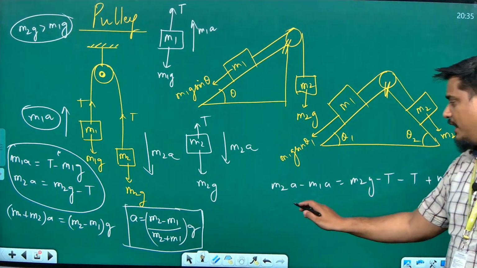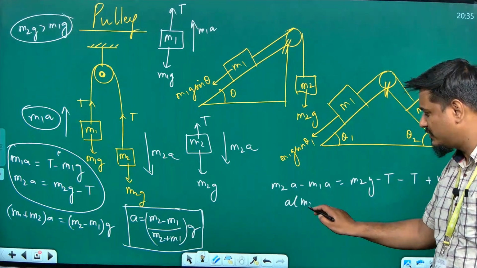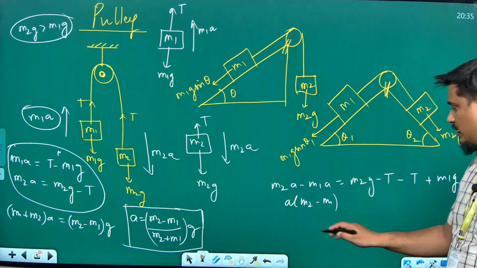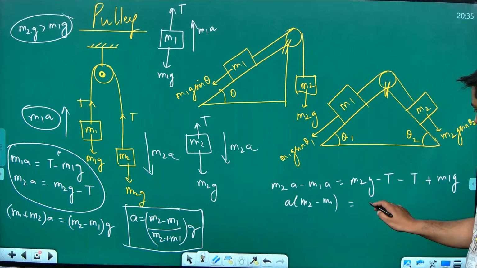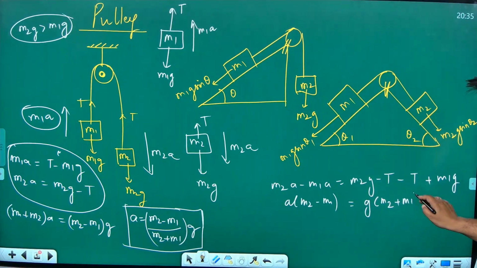So, if I take a common, it will become (m2 minus m1), and this side if you take g common, it will become (m2 plus m1), right, and minus 2T, right.